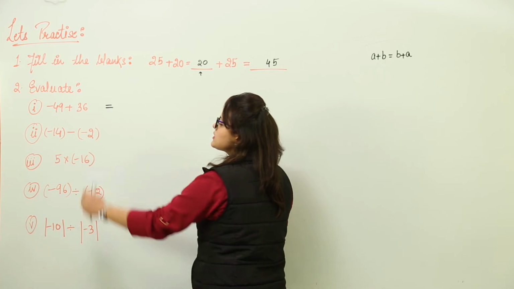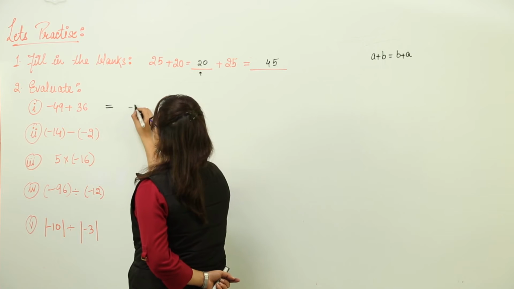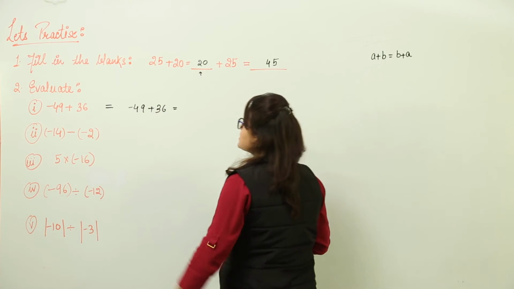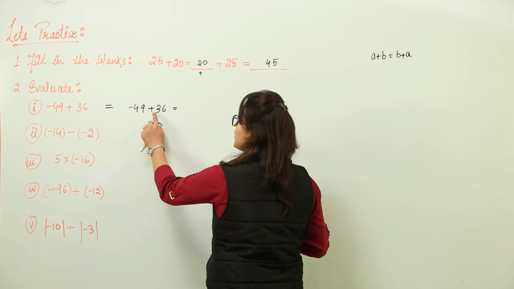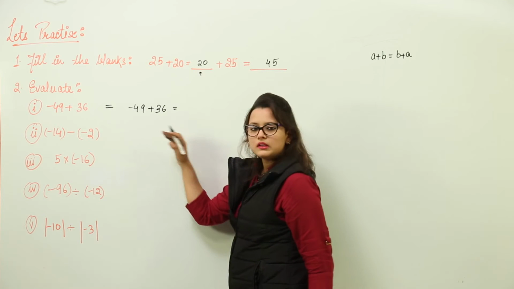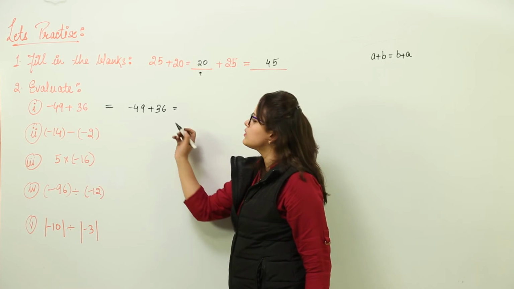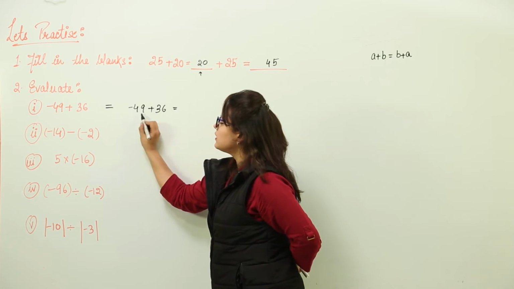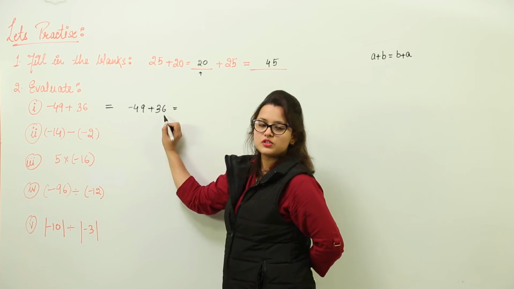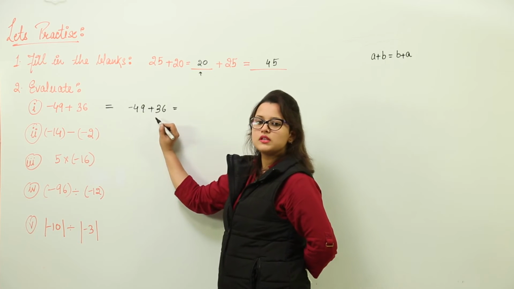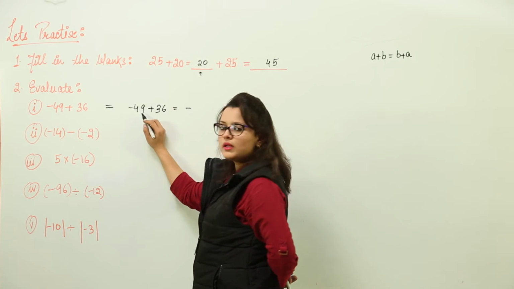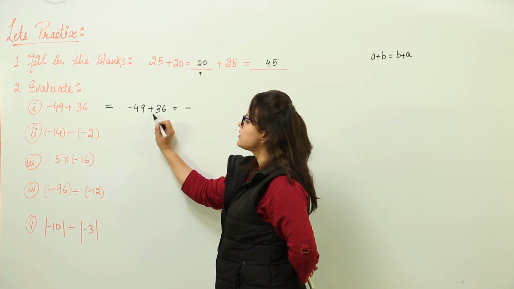Here we write the question as it is in the first step, and next we would do it as a subtraction. Why? Because here we have a negative integer added to a positive integer. When a negative and a positive integer are added, you take the sign of the higher one, and the subtraction has to be done.